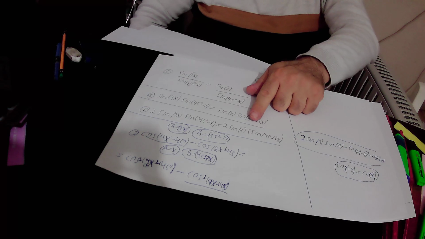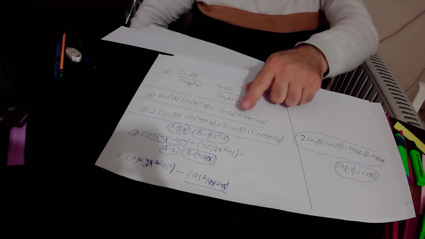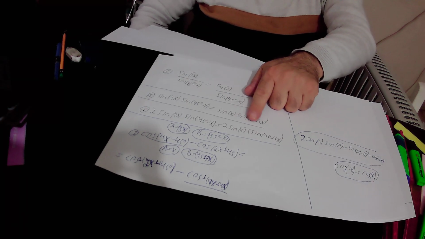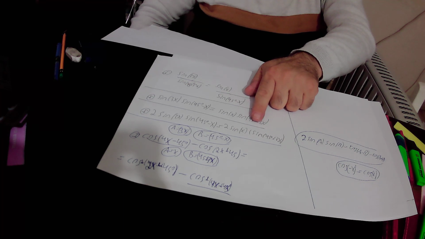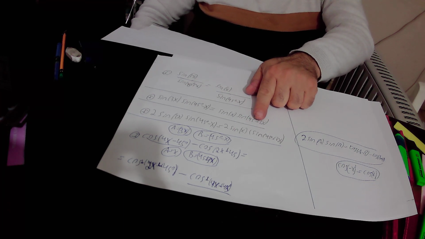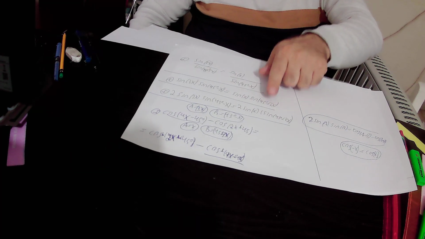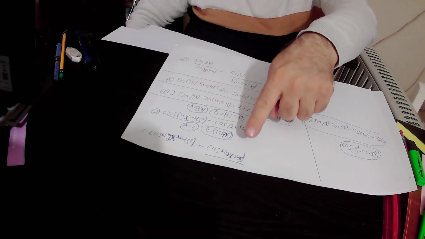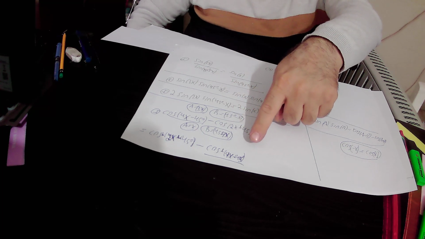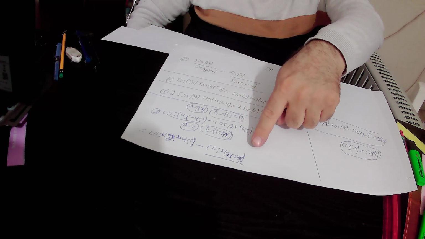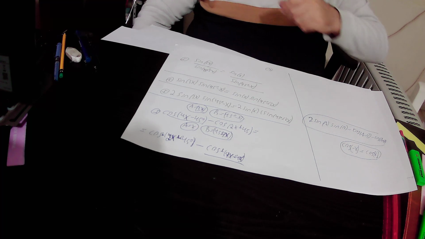And we use the same trigonometric identity in order to simplify this side, this expression, and we got that 2 sine x sine 45 degrees plus 3x equals cosine 2x plus 45 degrees minus cosine 4x plus 45 degrees.